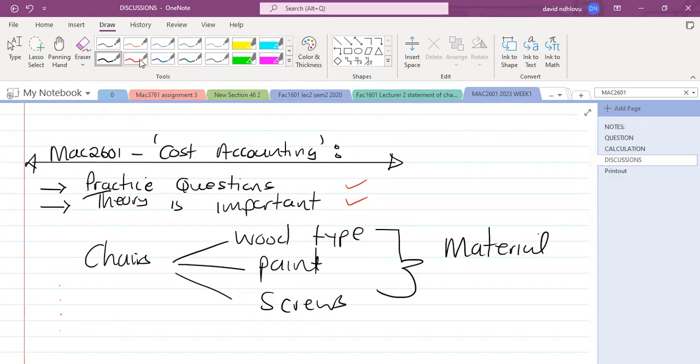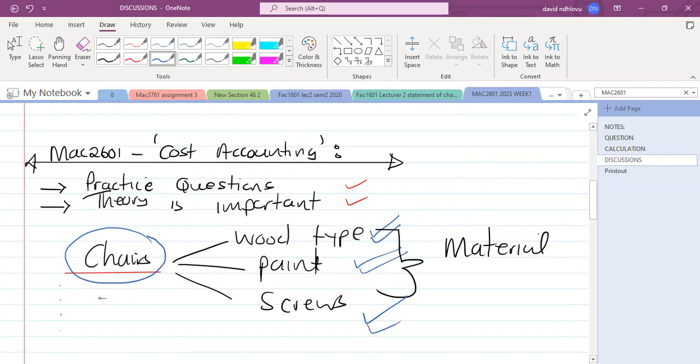The process of producing the chair starts with the design of the chair. The design will tell me what type of wood I need and what quantity, what type of paint and what quantity, and what screws I need. So when I'm going to produce the chairs, I'll buy this specific material for the sole purpose of producing the chairs.